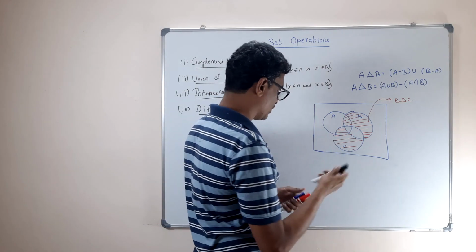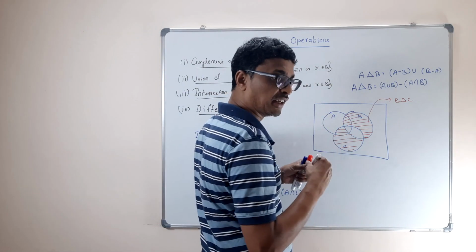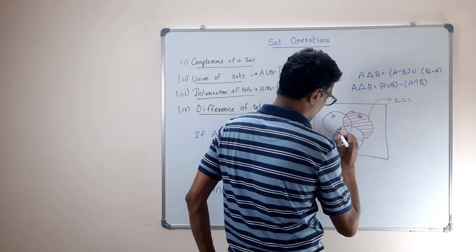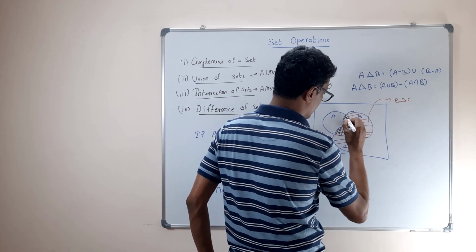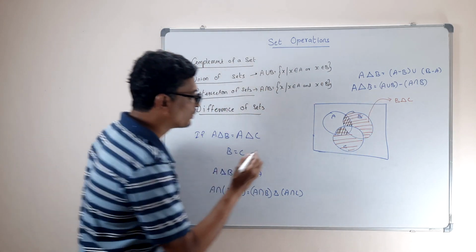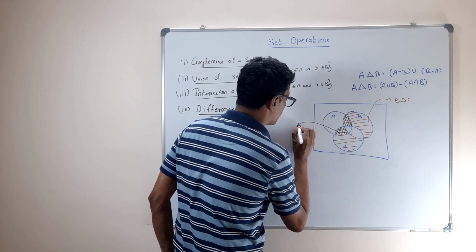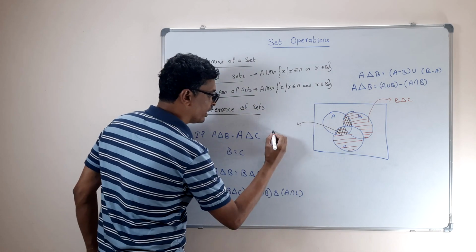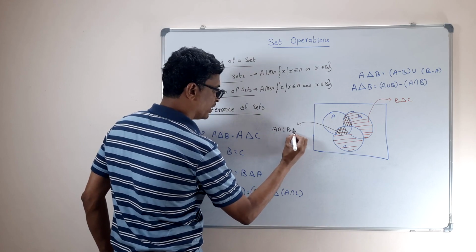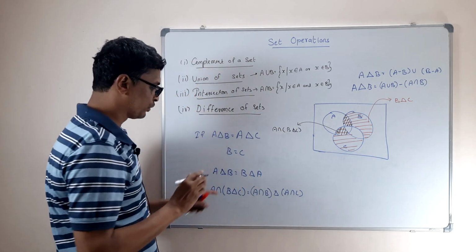Correct. So they are the ears of a kitty. So these two parts. Correct. So this portion is your A intersection symmetric difference of B and C. So this is your LHS.